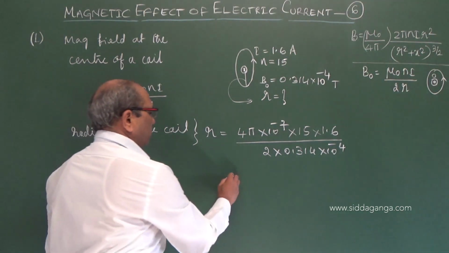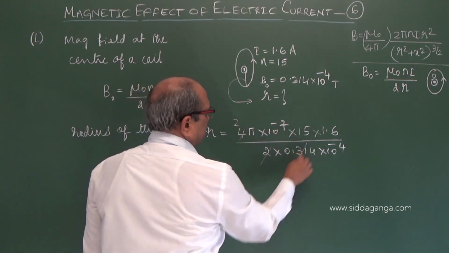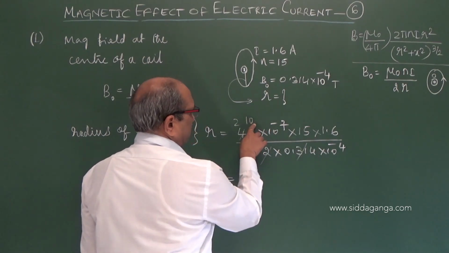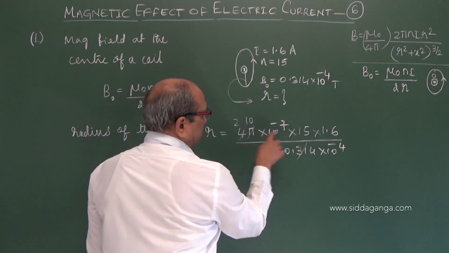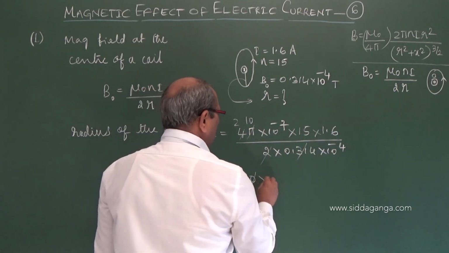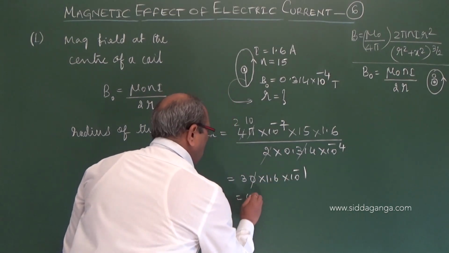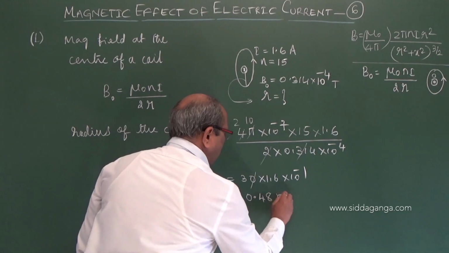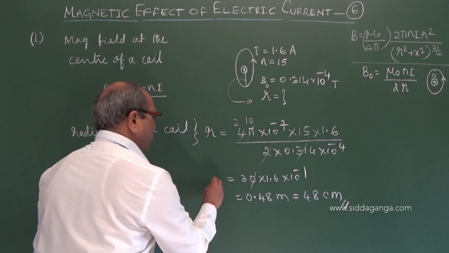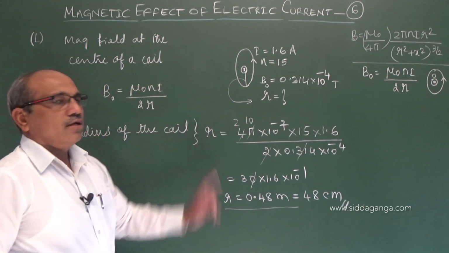When we simplify, the 2 cancels, and the 10 powers cancel. 4 plus 1 is 5, and 15 twos are 30, so cancelling, we get 3 into 1.6 into 10 power minus 1, or 0.48 meter, or 48 centimeter, is the radius of the coil.